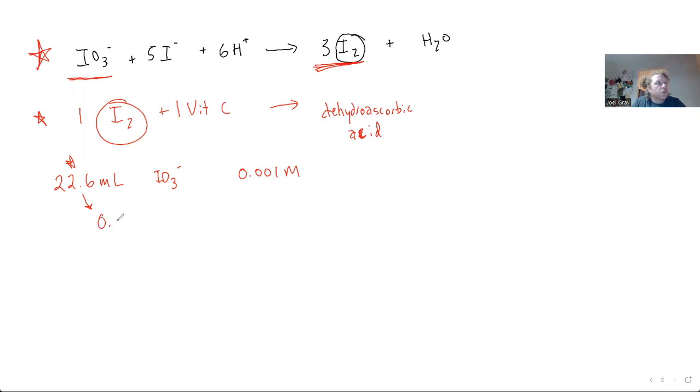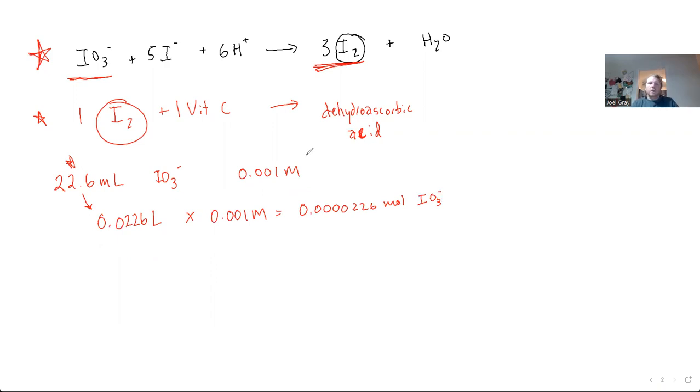So that would be 0.0226 liters. Multiply that by 0.001 molar. And that's going to give us 0.0226 times 0.001. That's going to give us 0.0000226 moles of IO3.